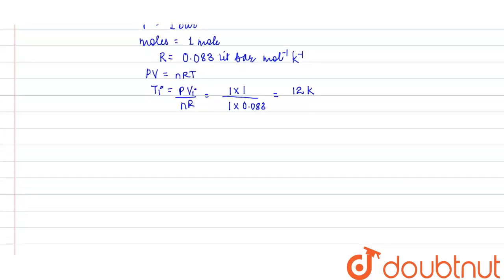Similarly, for the second case, finally the final volume is becoming 2 liter. Pressure remains the same, 1 bar, and moles of the gas remain the same, 1 mole. So the final temperature would be PV final upon nR.